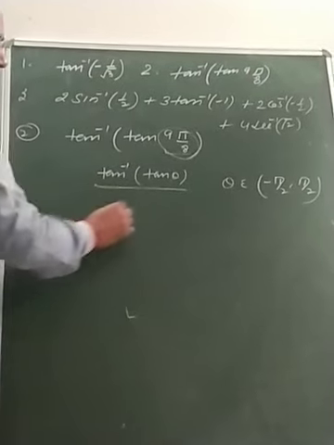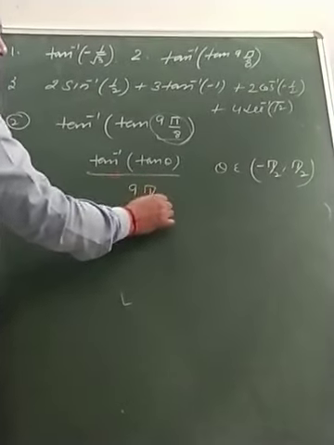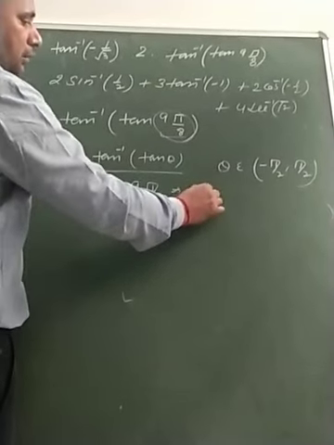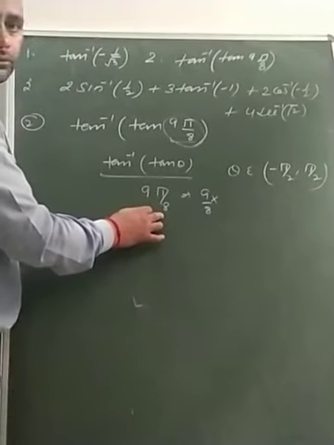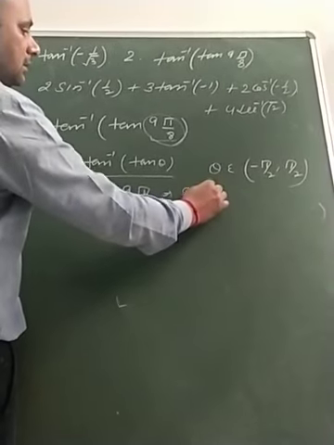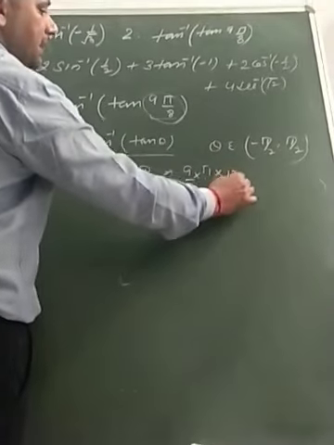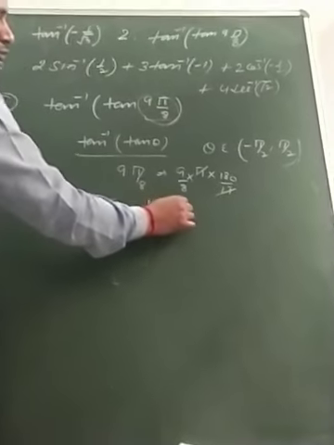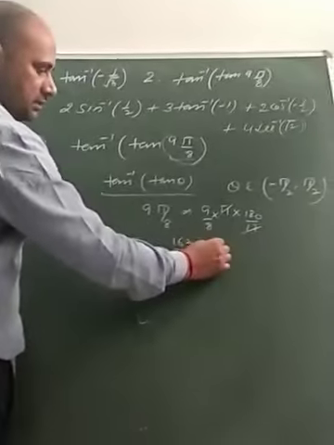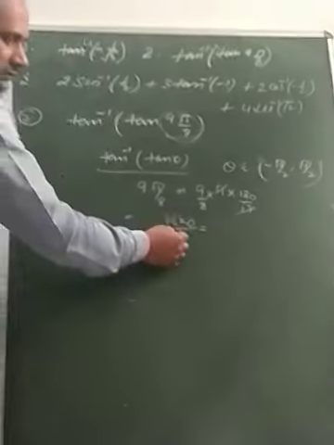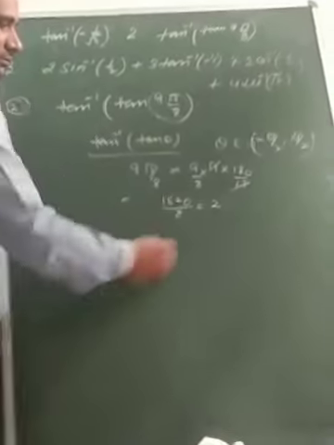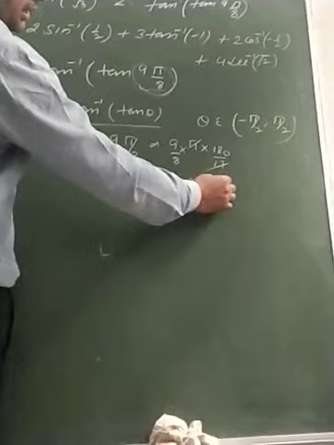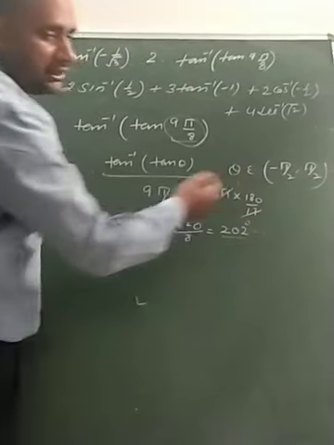You can check it also. 9 by 8 into pi, changing pi to 180 degrees: 9 into 180 is 1620, divided by 8. 8 into 16 is 2, then 0, 8 into 16 is 2. So it is 202 degrees something minutes.